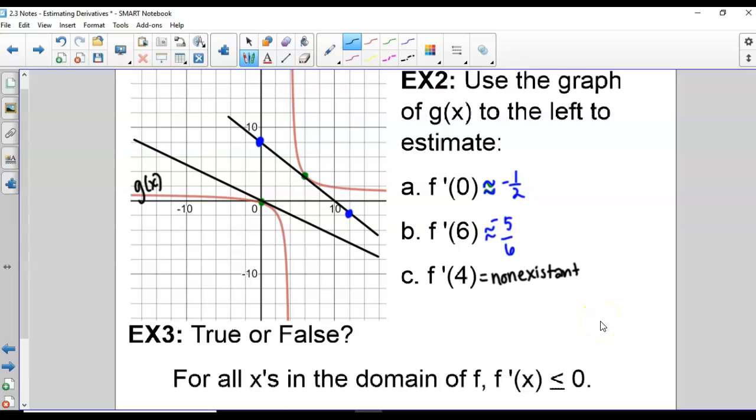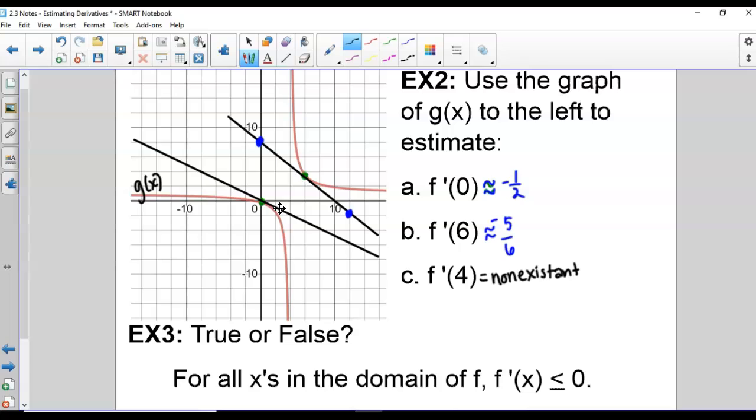Okay. The second question that we're going to be asked about this, true or false: for all x's in the domain of f, f prime of x is less than or equal to 0. We definitely got negatives for the two that we tried here. And since it says for all x's in the domain of f, 4 is not in the domain of f.